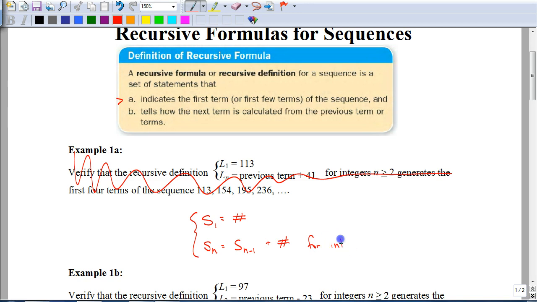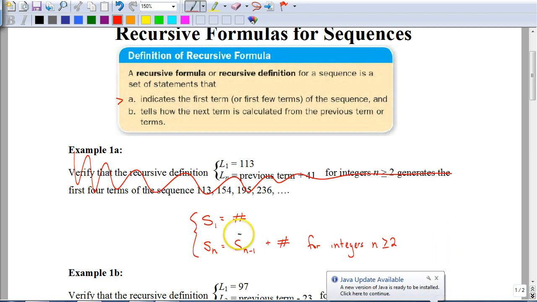And we end it with this little phrase. So let's talk about this first. We have S sub n equals S sub n minus 1 plus some number. Again, that represents how we're going to figure out the next term in the sequence. We'll look at some examples that'll make more sense of this in a second.